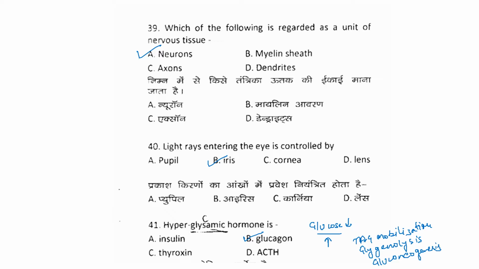So it increases blood glucose level to normal when the blood glucose level drops. So that's why it is called hyperglycemic hormone.